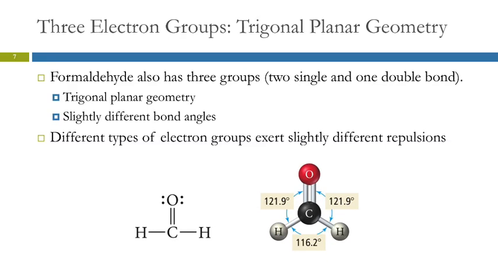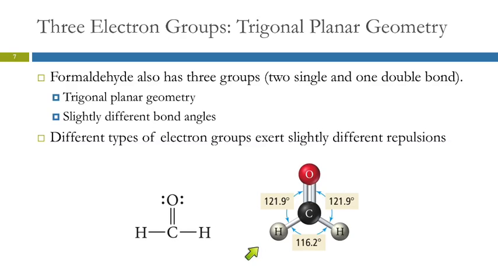They're not all 120. The reason is that the oxygen and the double bond are a little bulkier. They're a little more repulsive than the single bonds. And so the hydrogens are willing to get a little closer to each other to get a little further away from oxygen because they hate him more than they hate each other.